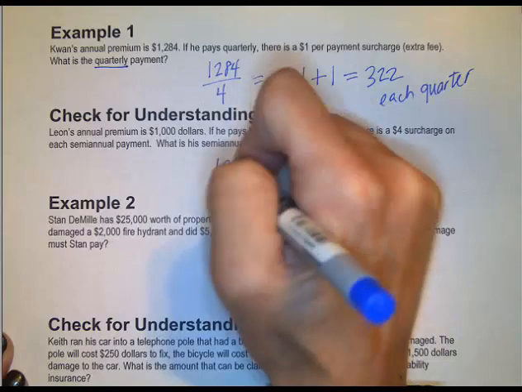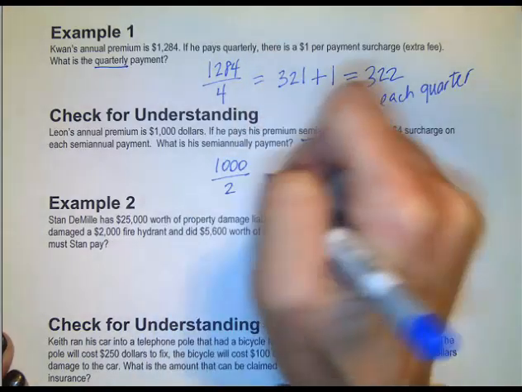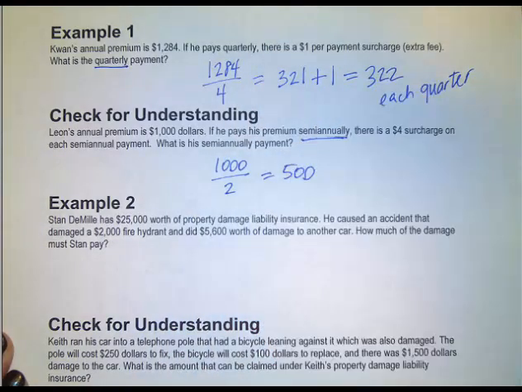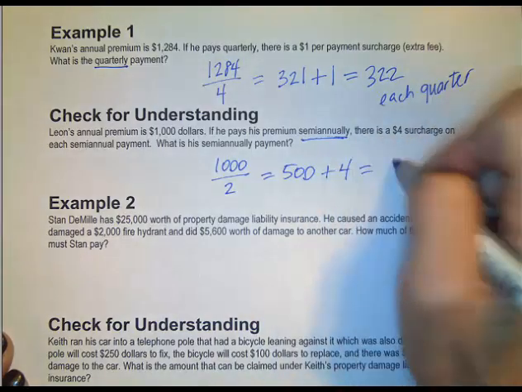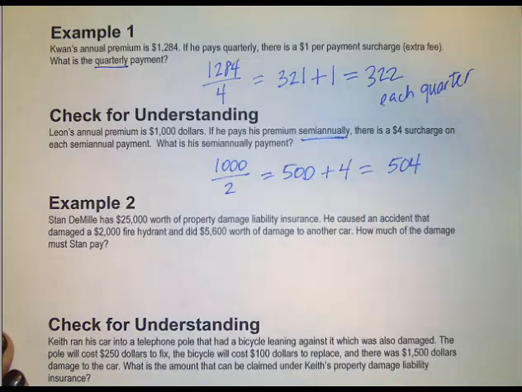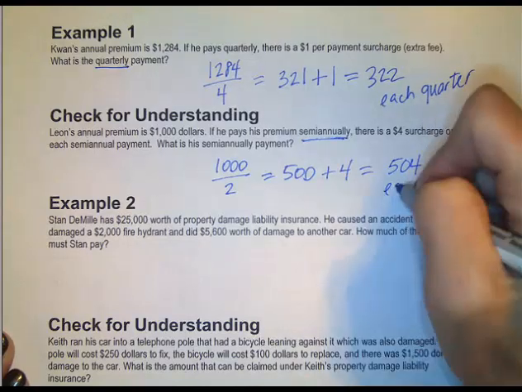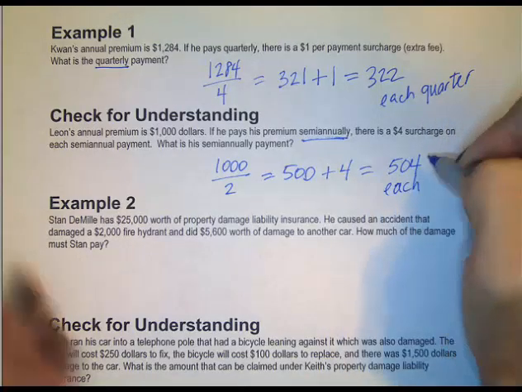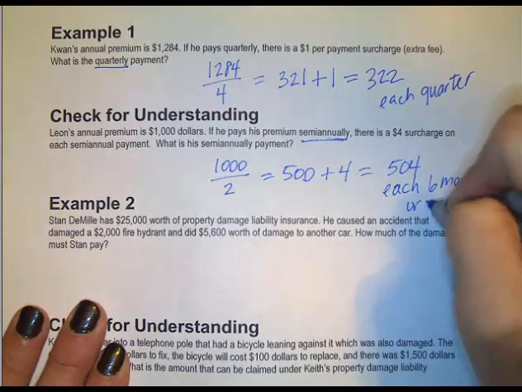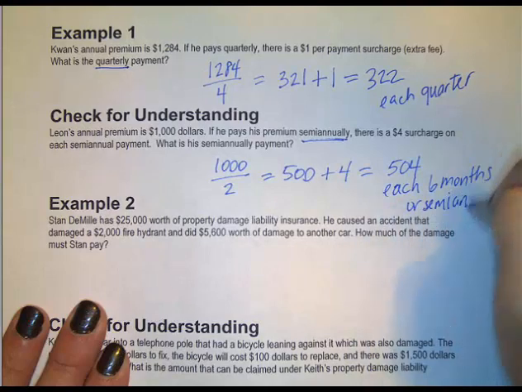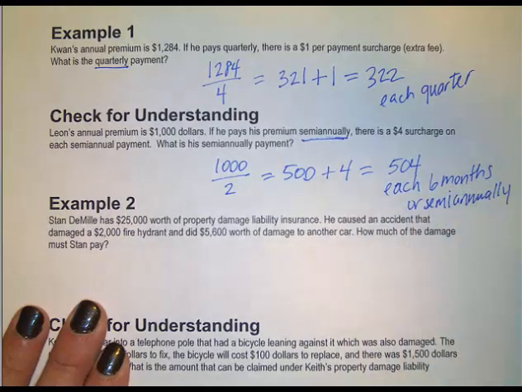So we take that 1,000 and divide by 2. We get a payment of $500. But we have to pay on each one an extra $4. So he's going to pay $504 each 6 months, or semi-annually. Okay.